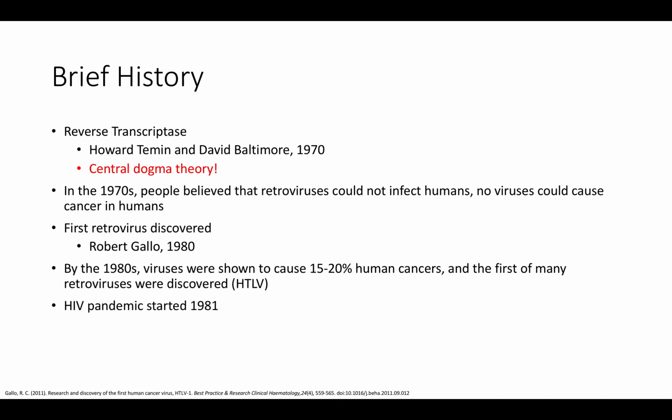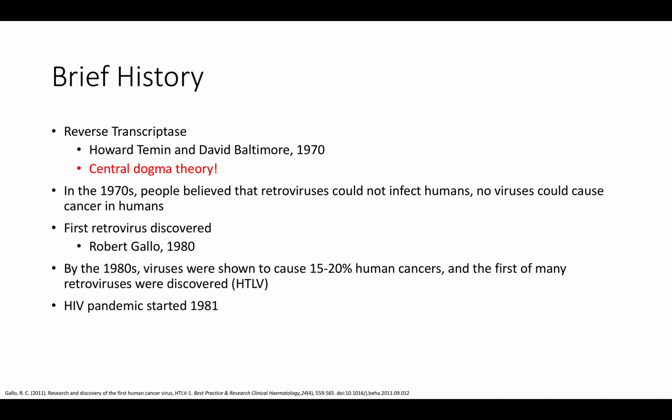And then in 1980, a researcher by the name of Robert Gallo in his laboratory at the NCI discovered the first retrovirus when a patient presented from Africa with a blood cancer, and then when they isolated the PBMCs, the peripheral mononuclear cells, they were able to isolate the HTLV1 retrovirus, and then they were able to show that there are in fact retroviruses that contain this reverse transcriptase enzyme, and these viruses can affect humans.